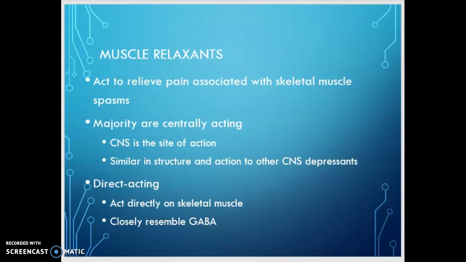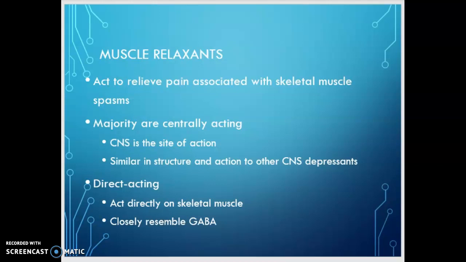So when we use other GABA medications, like baclofen, this is one of our muscle relaxants we're going to talk about in a minute. It's a GABA-B receptor agonist, and so it hyperpolarizes the neurons, and what it does is it increases the potassium conductance.